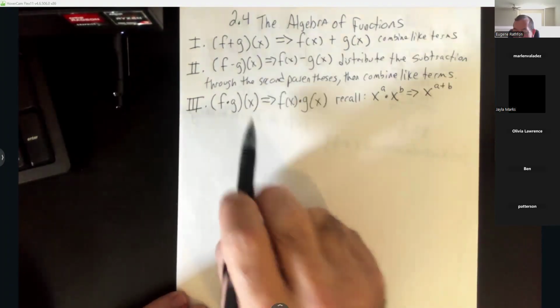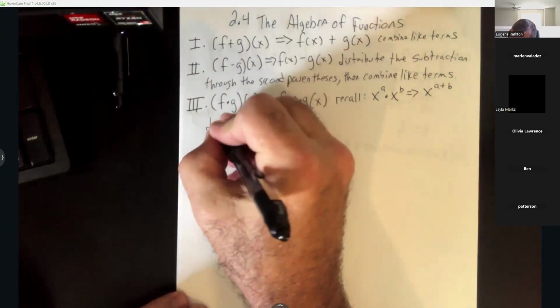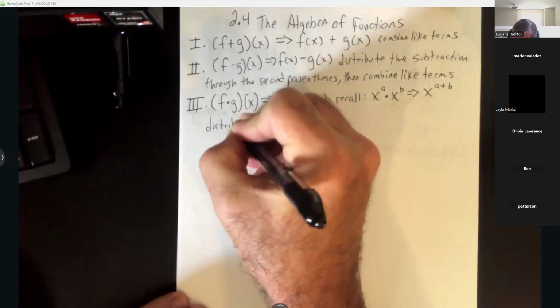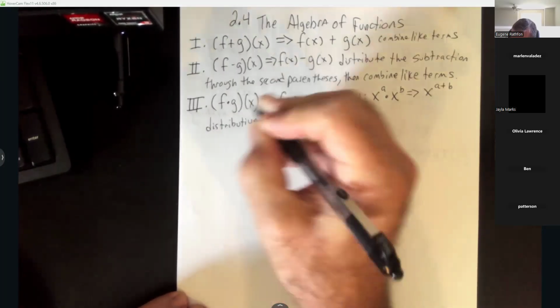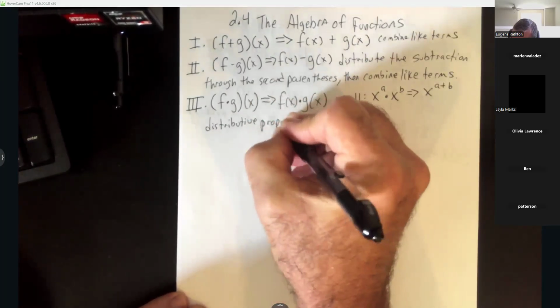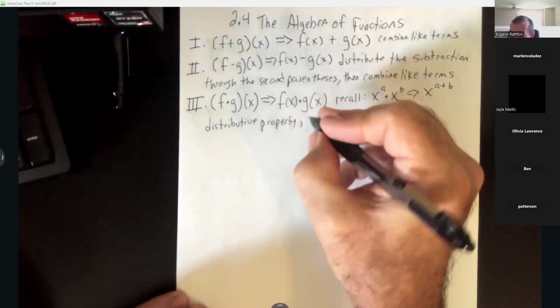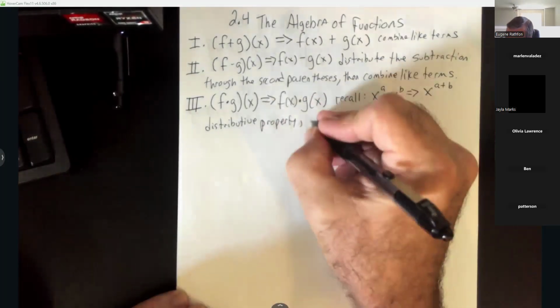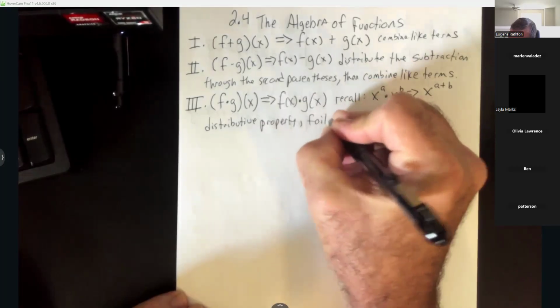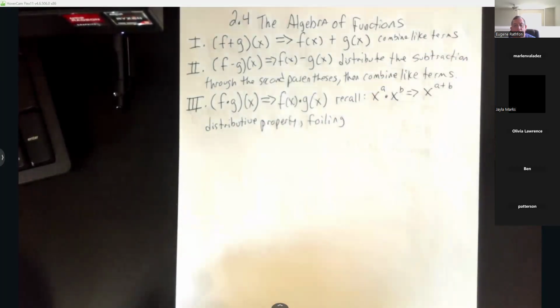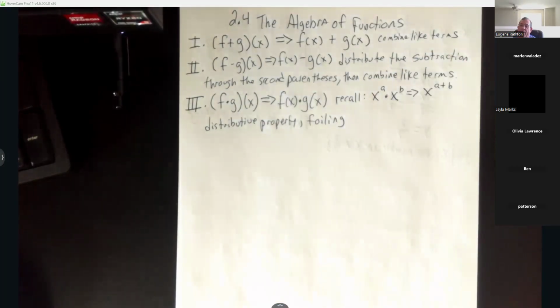Now, multiplying might consist of distributive property. It could consist of foiling. So depending on what I got, I could be distributing or I could be foiling if I got two things times two things, okay?